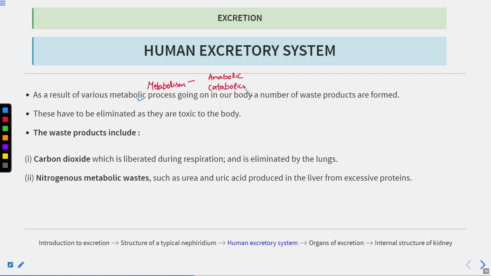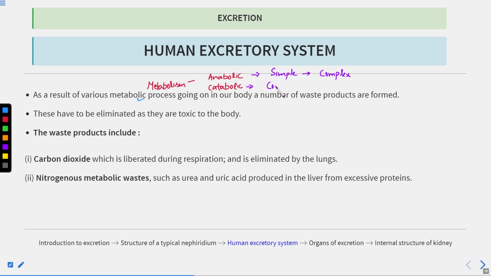Anabolism, or the anabolic process, means the complex compounds are formed from the simple compounds. And during the catabolic process, what happens?